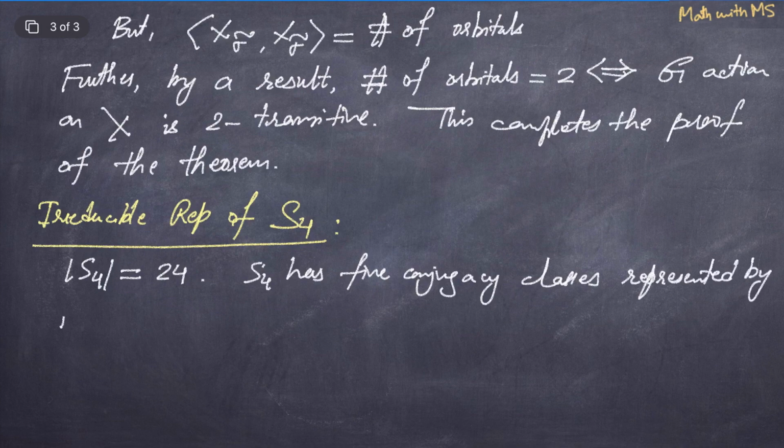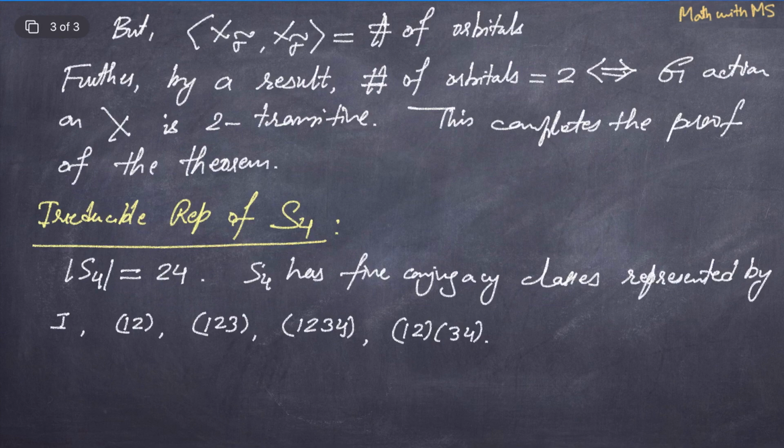One is of course the conjugacy class consisting of the identity, another consists of transpositions, let us say 1 2 is a representative, another consists of 3 cycles, represented by 1 2 3, another consists of 4 cycles, represented by 1 2 3 4, and there will be one which consists of products of two cycles, represented by 1 2 and 3 4.